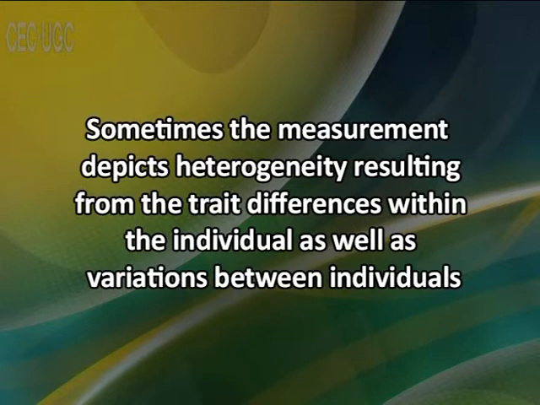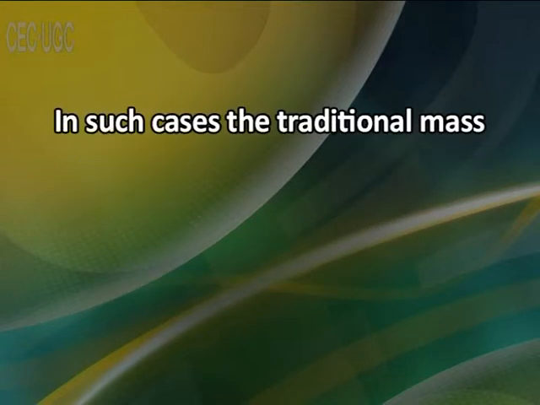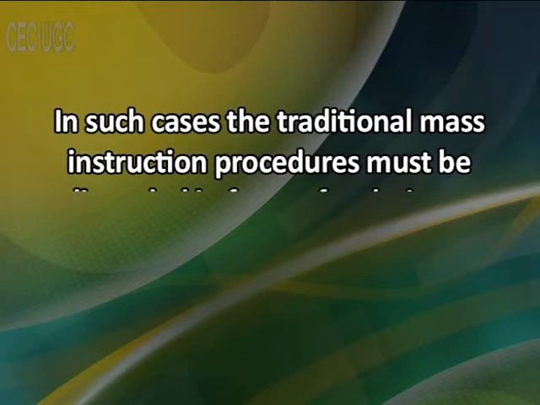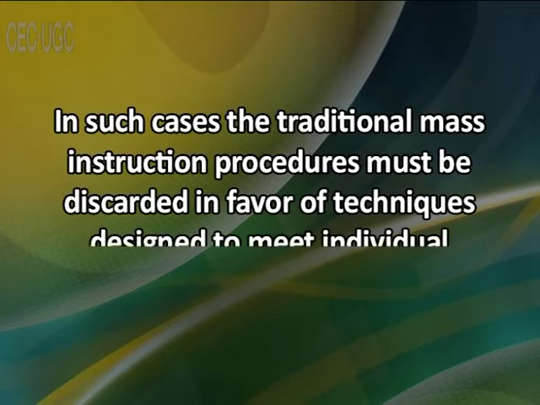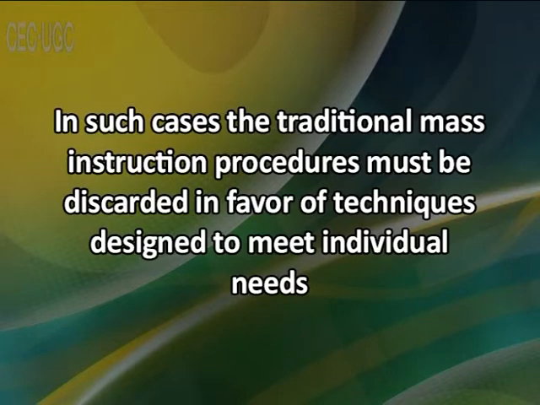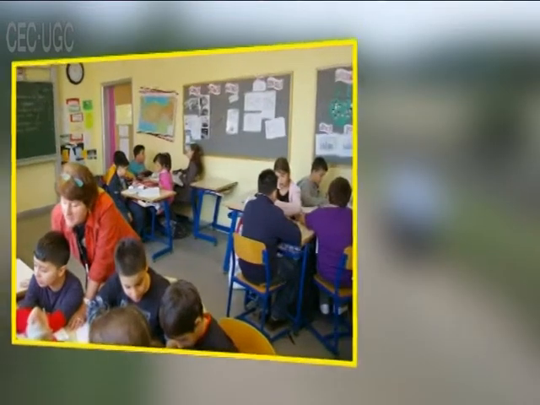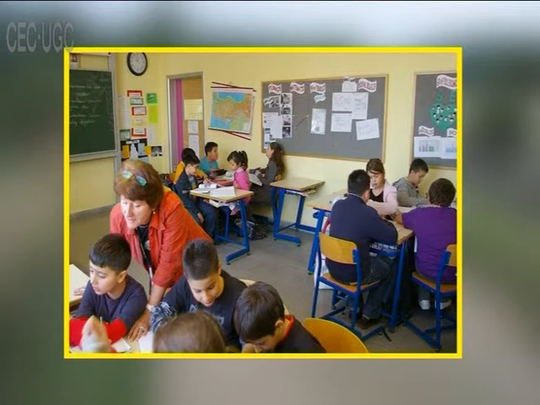variation between individuals. In such cases, the traditional mass instruction procedure must be discarded in favor of techniques designed to meet individual needs. Grouping within the class on the basis of achievement in specific learning areas is one of the most essential procedures in meeting individual need.